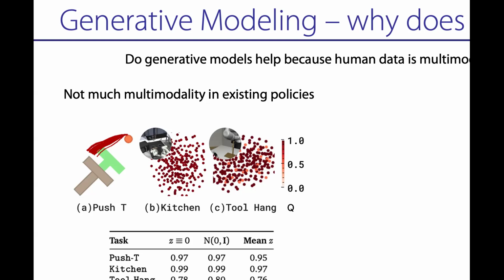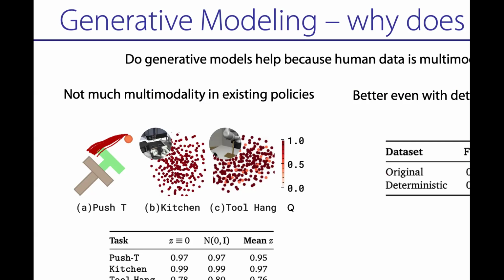So you're seeing an advantage in performance on datasets that are not so multimodal, which is step one and kind of interesting. Then step two is that they literally used deterministic data generators. They did imitation learning with a deterministic policy. They imitated the deterministic policy with the flow policy, and they see that you're still seeing a 20% improvement.